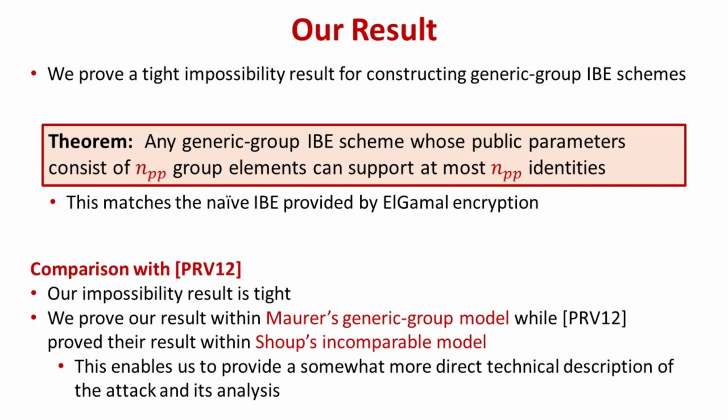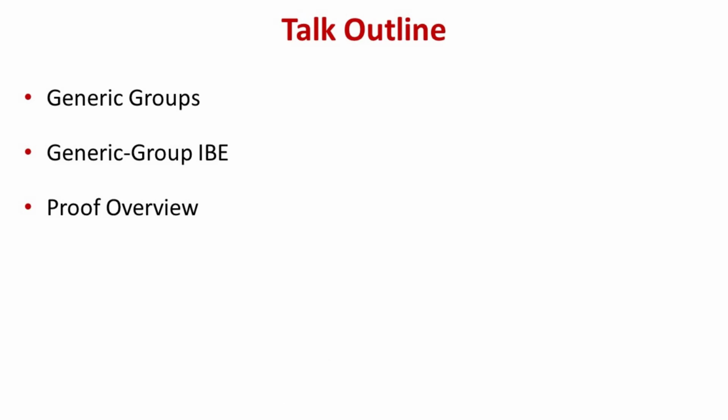Roughly speaking, as we will see in a few slides, in Maurer's model we do not have to take into account the additional randomness that is somewhat artificially injected into cryptographic computations in Shoup's model due to its random injective encoding of group elements. The rest of this talk will follow this outline.